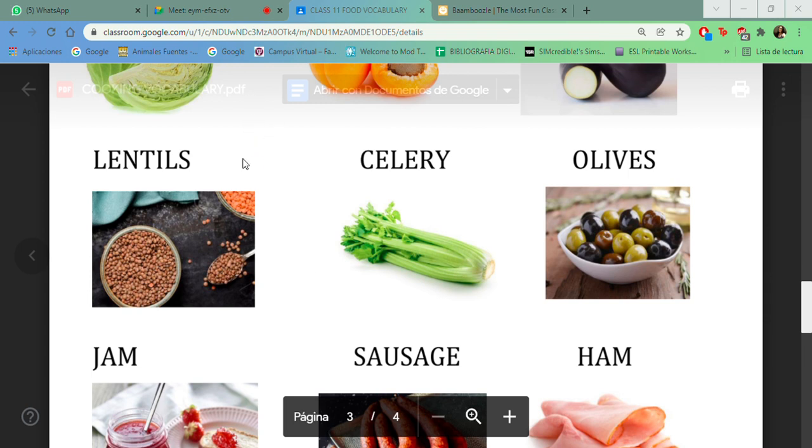Let me go to B1 here, classes, class number 10. Just some of them, okay? We talked about some of the, let me see the kitchen. Let's see which one.